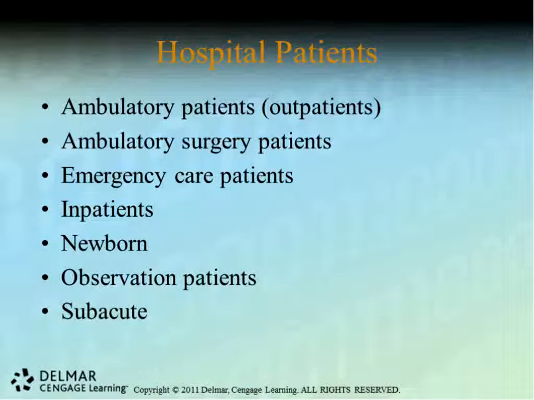Now, your subacute care is a specialized long-term acute care. And this type of care is for your seriously ill patients. It sort of resembles a mini intensive care unit, and they offer different services to care for those, but it's not going to be as extensive as an acute care facility.